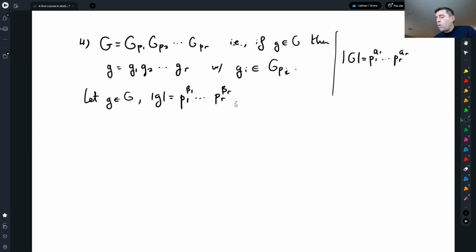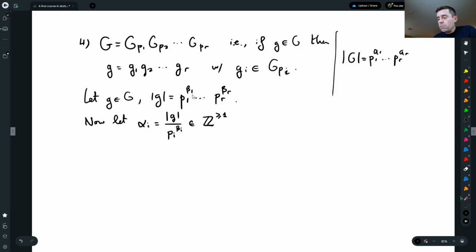Now I'm going to call alpha i the order of g divided by the power of pi to the beta i. And notice that this is some integer, because p1 to the beta 1 does divide the order of g, so this is an integer, and I'm going to call that alpha 1, say.